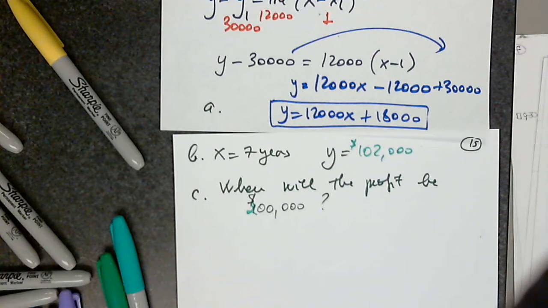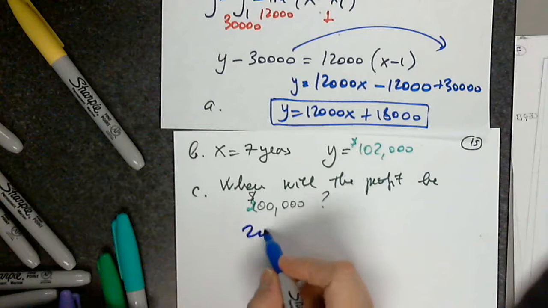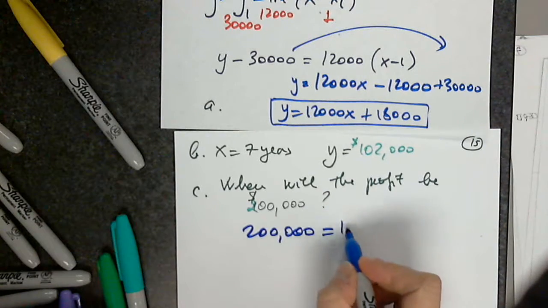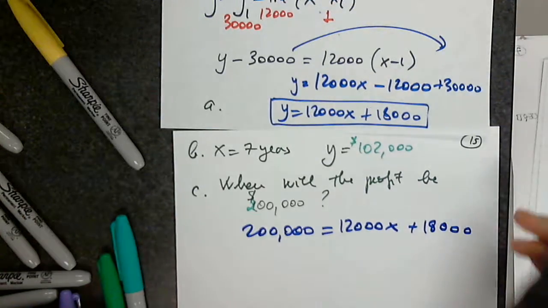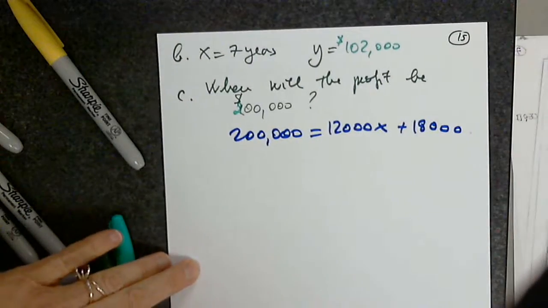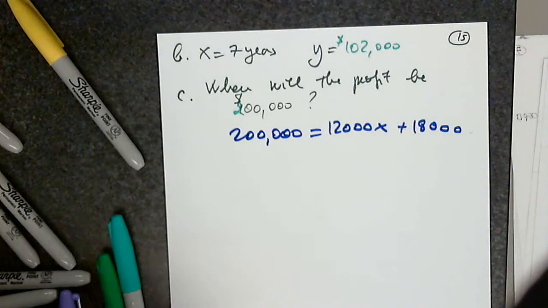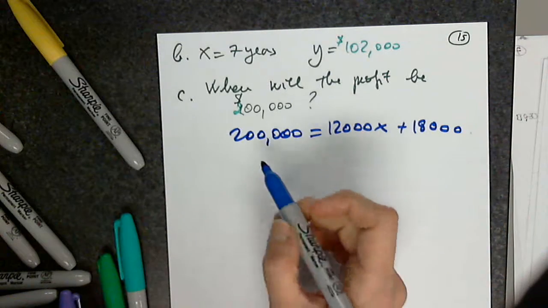How do I determine when? What do I do? You substitute 200,000 for y. Exactly. 200,000 equals 12,000x plus 18,000. Very good. First step. Very good.